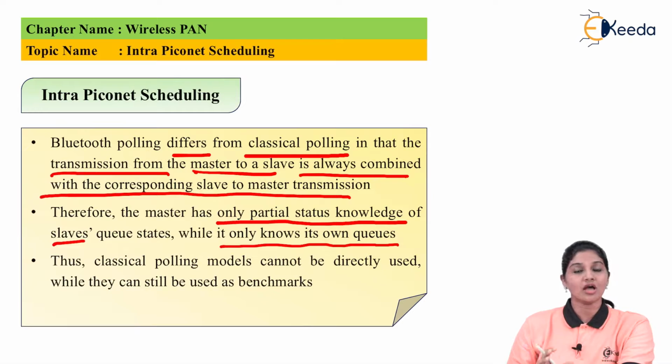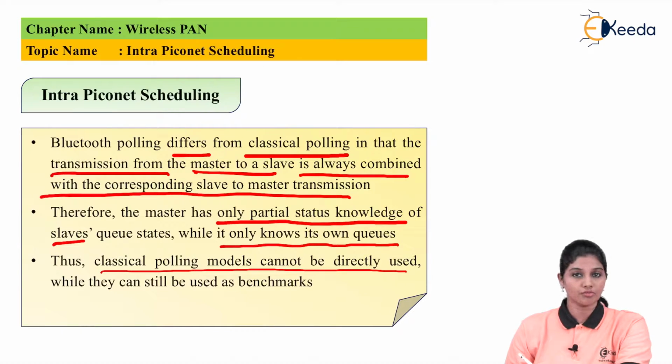That means the master has knowledge of only its own queue, and it has only partial knowledge about the status of the slave's queue. Therefore, the classical polling model cannot be directly used in case of intra-Piconet scheduling, but it can still be used as a benchmark.